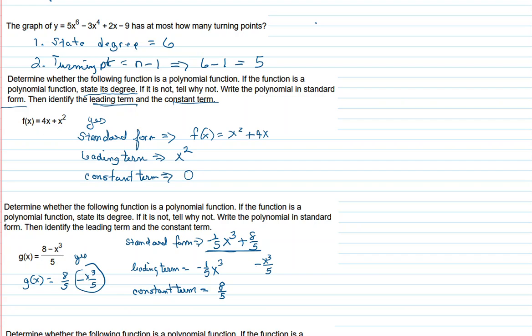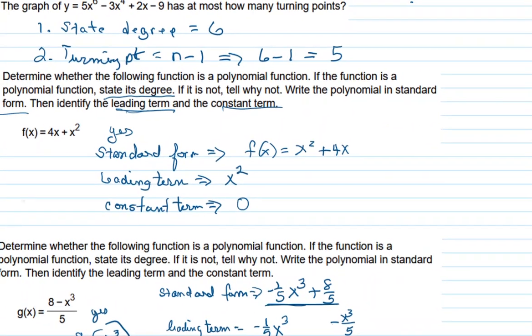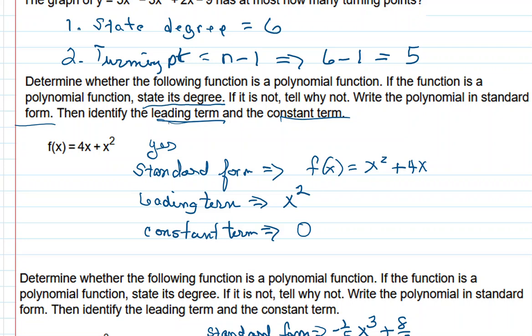So our function for this guy is f of x equals 4x plus x squared. Is it a polynomial? Yes, it is. In standard form, we would have f of x, because it is a function. They stated it was a function, and f of x stands for f in terms of x, where x squared would be first, plus the 4x. What is the leading term?